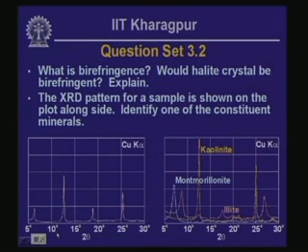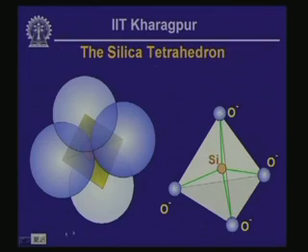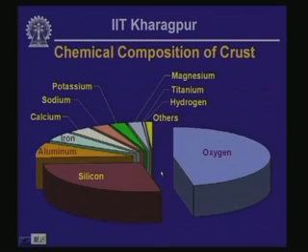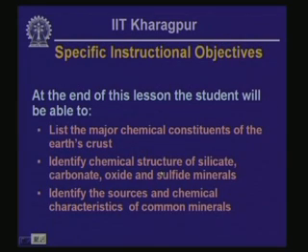Now we get back to the subject matter of this particular lesson. What are the objectives of this lesson? We are going to list major chemical constituents of the Earth's surface. We are going to identify the chemical structure of silicate minerals, carbonate minerals, oxides and sulfides.